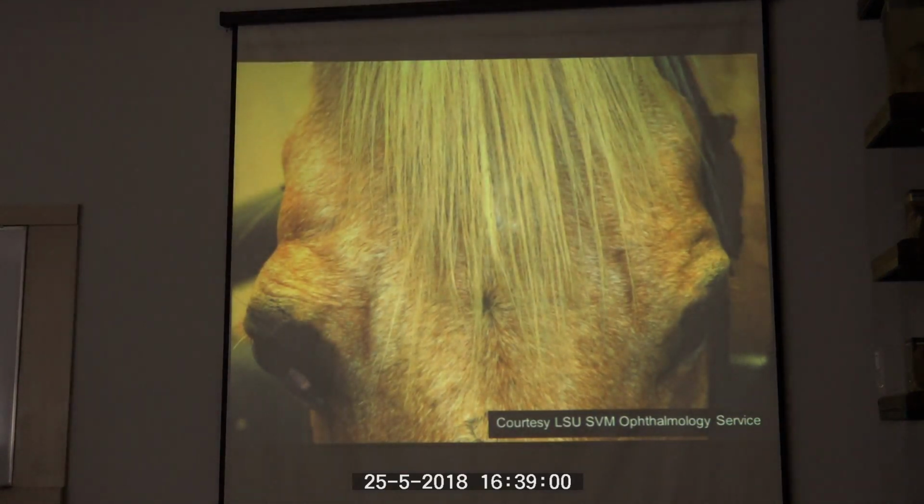Now, just to point out an unusual tumor that is often quite frustrating for clinicians to deal with, is a neuroendocrine tumor that horses develop within the orbit. Here we have a horse that has exophthalmos, and you get an idea that there is a mass effect in the orbit.